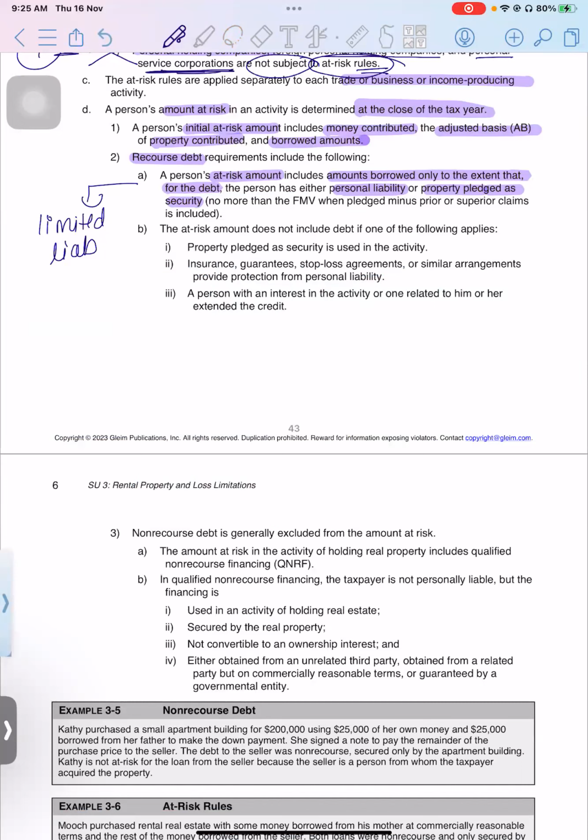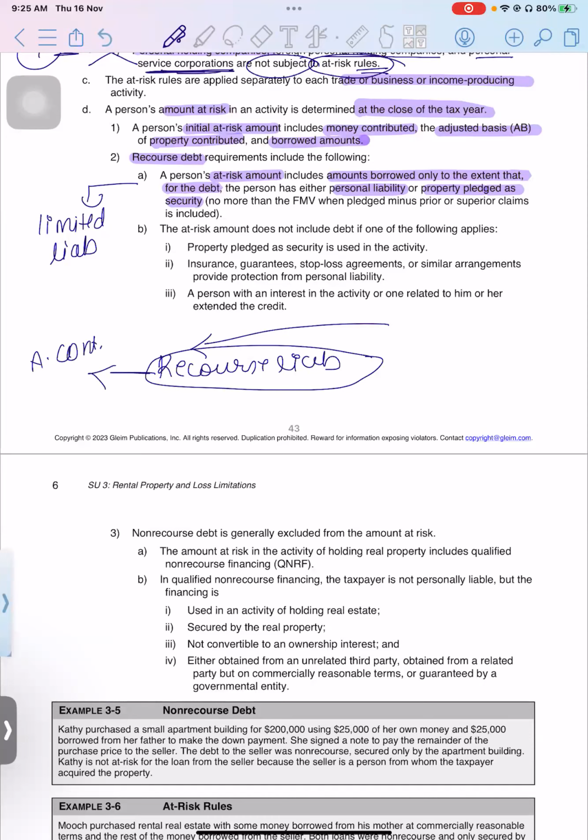Please understand it carefully. Whatever amount you are bringing into the business, that is your actual contribution amount. If you are a limited partner, your recourse liability will again be limited to your actual contribution amount.